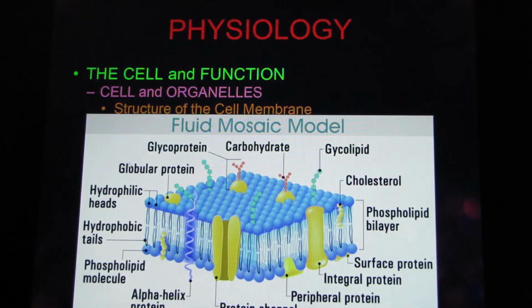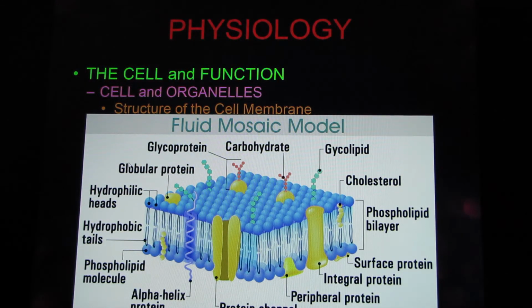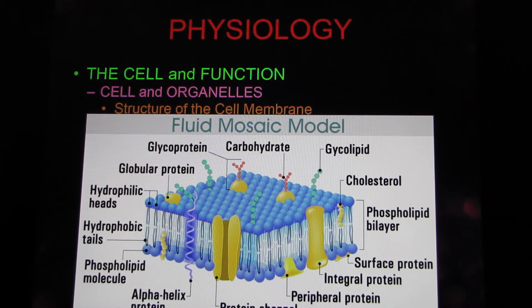So the fluid mosaic model explains the double layer of the cell membrane with many other specific areas on the cell membrane, like globular proteins, glycoproteins, carbohydrates attached to them, glycolipids, cholesterol.